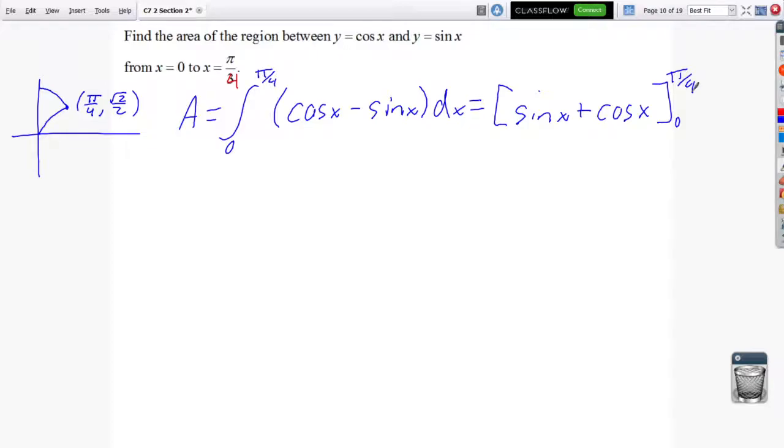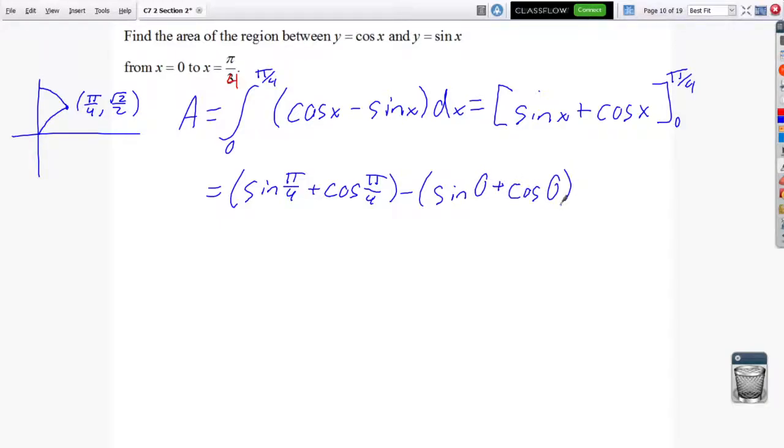So we're talking about the sine of pi over 4 plus cosine of pi over 4 minus sine of 0 plus cosine of 0.